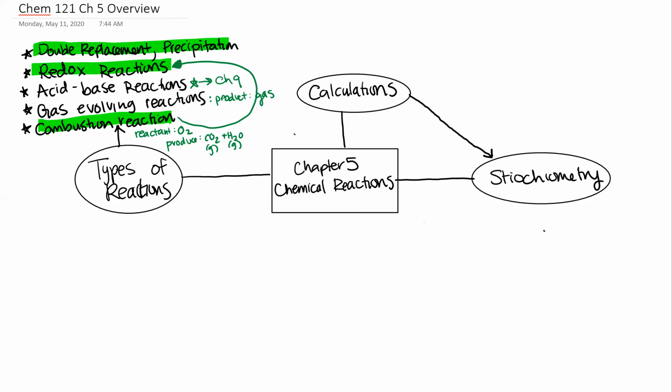Redox reactions really involve the transfer of electrons from one element or molecule to another. And so the way to identify these is that the charge will change on two of your reactants as they become products. And a way to recognize precipitation reactions easily is there will always be a solid form as a product.